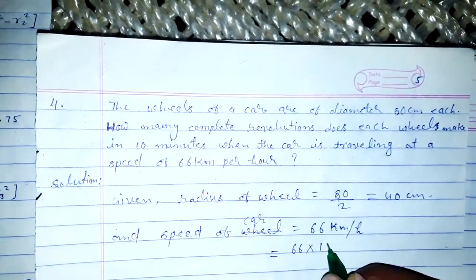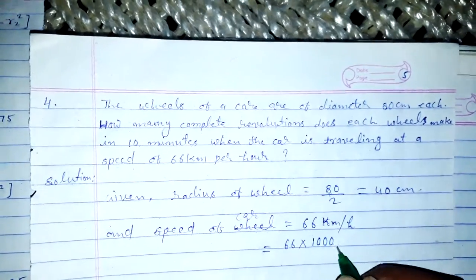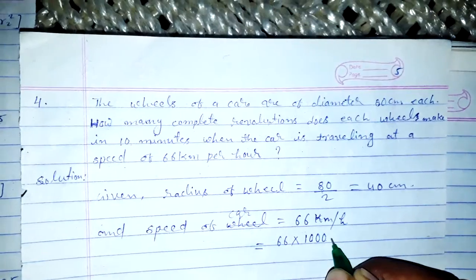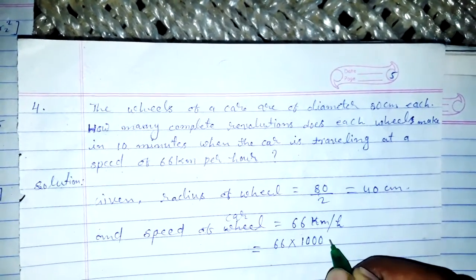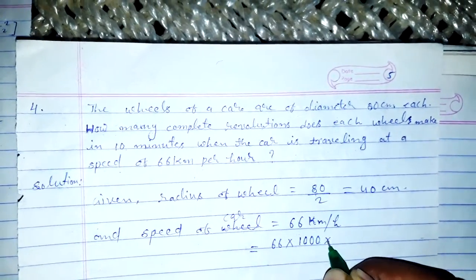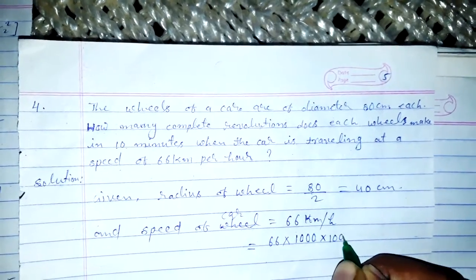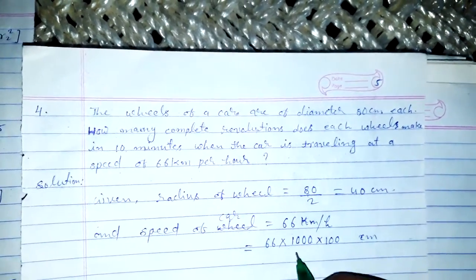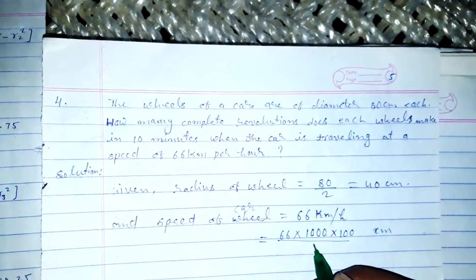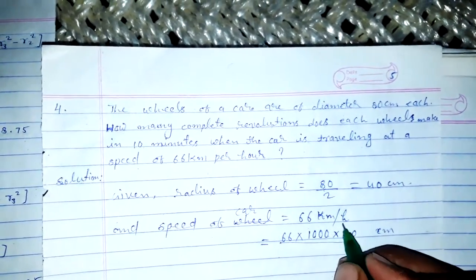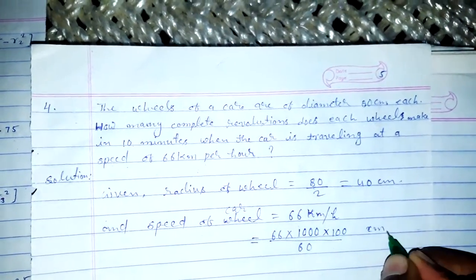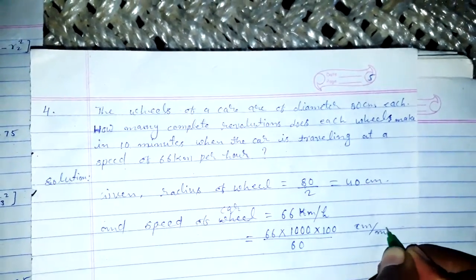So 1000 changes it into meters, and again meters change into centimeters, so multiply by 100. And hours change into minutes, so 1 hour is equal to 60 minutes, so this is 60 per minute also.